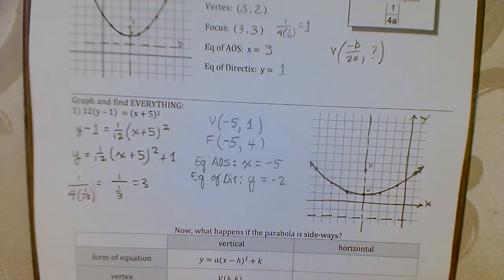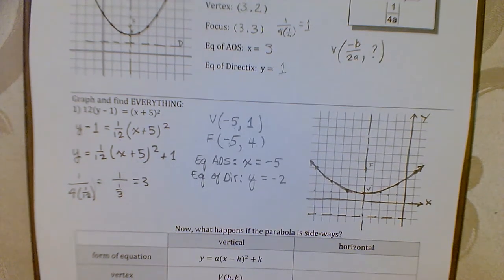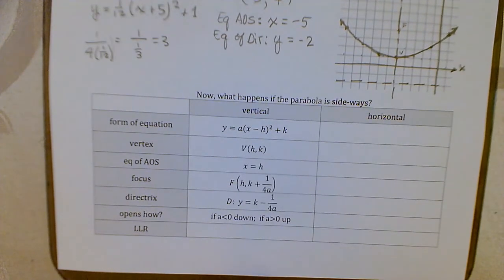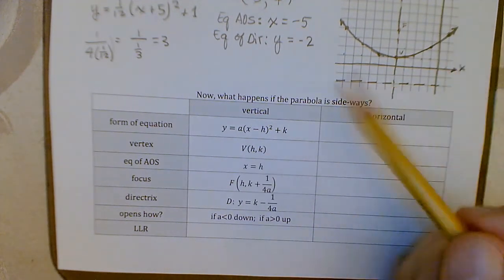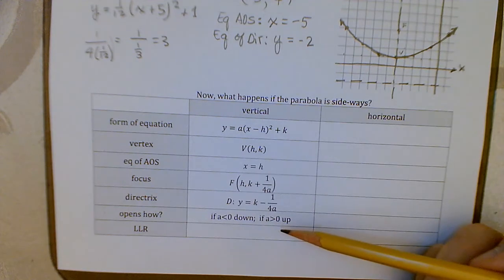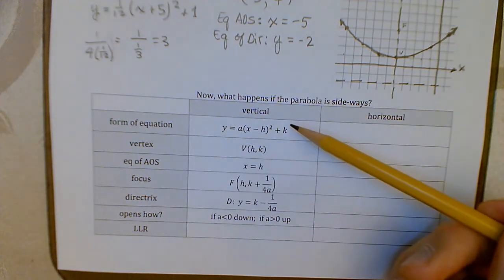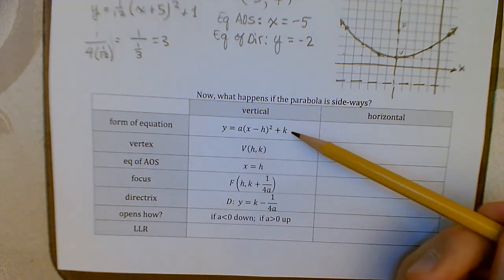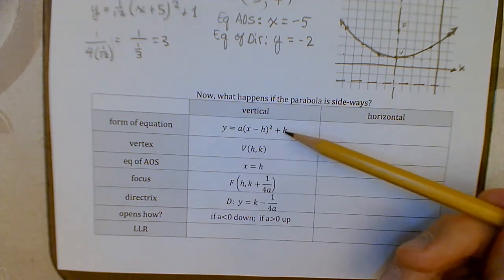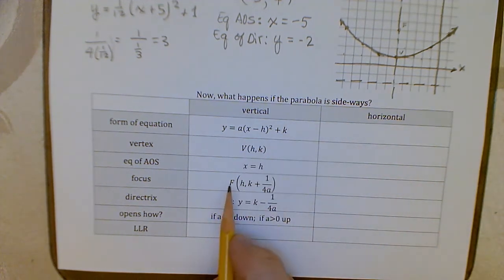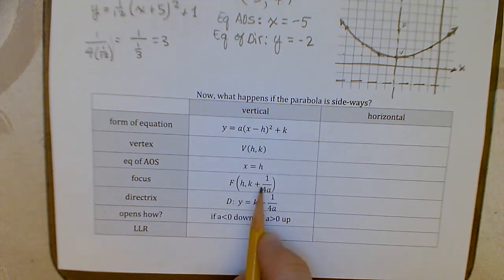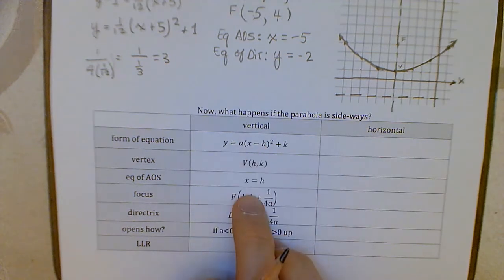All right. Okay, so if we look at the next part of this, the table, it gives us everything that we need to know, and sort of how we can get these points. Now, I wouldn't worry about necessarily memorizing this. For example, the focus. You're going to know how it's oriented.